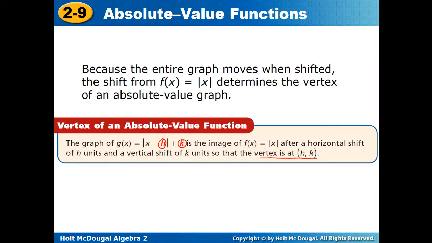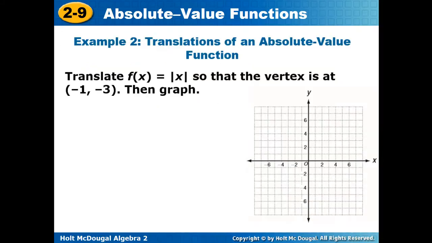Let's do a sample of that, and I will show you how easy that is. It says translate f of x so that the vertex is at -1, -3. Let's start out and show you where our parent function is going to be.